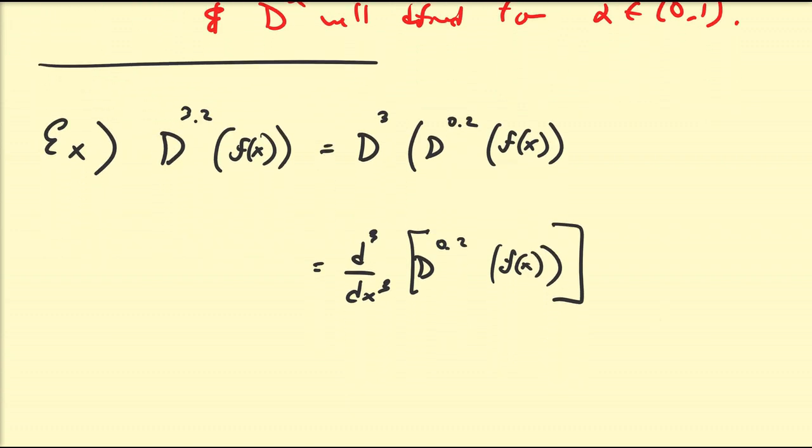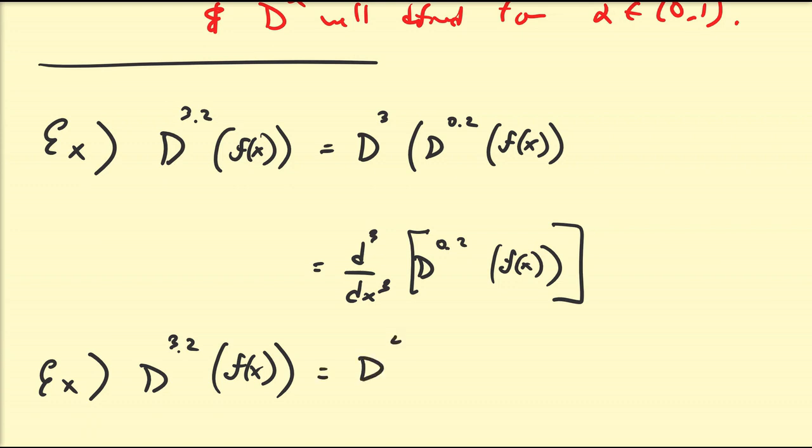Now this is not the only way that you could do this. Let us assume we are still interested in the same derivative. We can actually rewrite this as D^4 of D^(-0.8) of f(x).